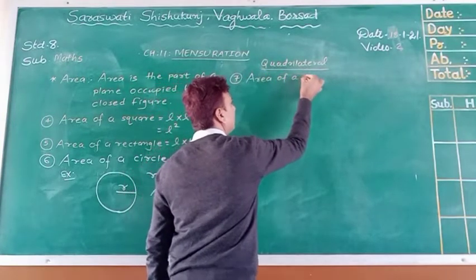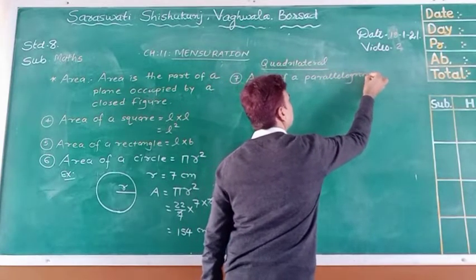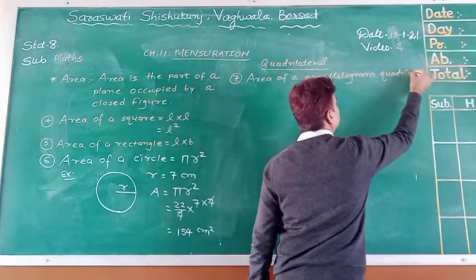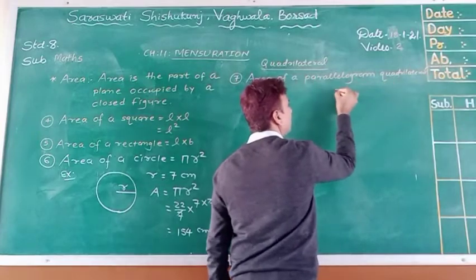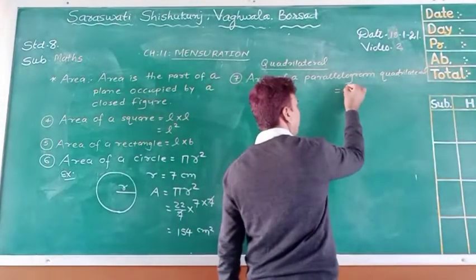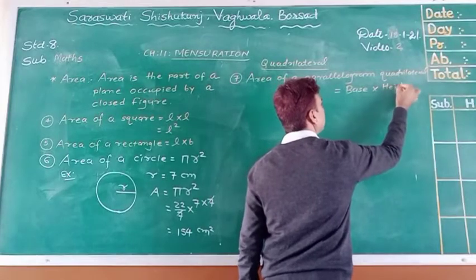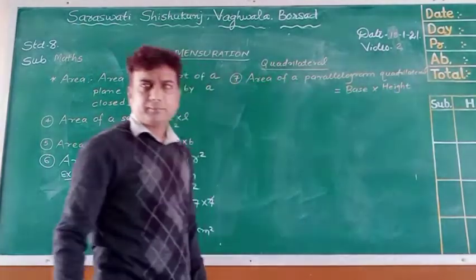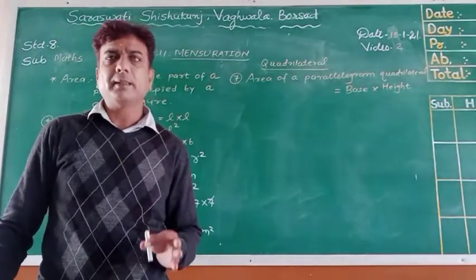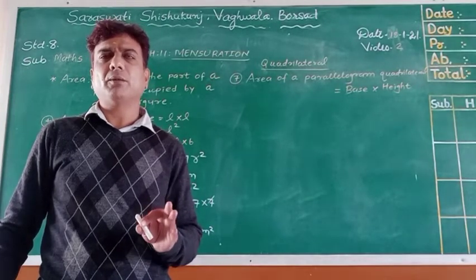Area of parallelogram quadrilateral equal to, simple formula, base into height. Base into height. If we want to find the area of a parallelogram quadrilateral, at that time we simply have to use this formula: area of parallelogram equal to base into height.